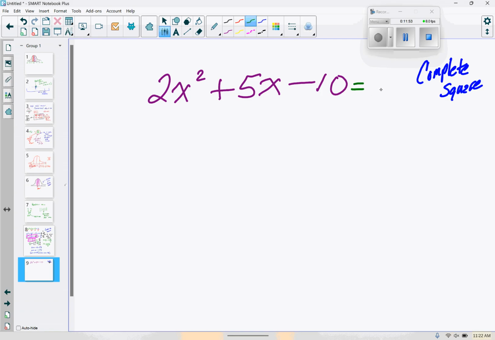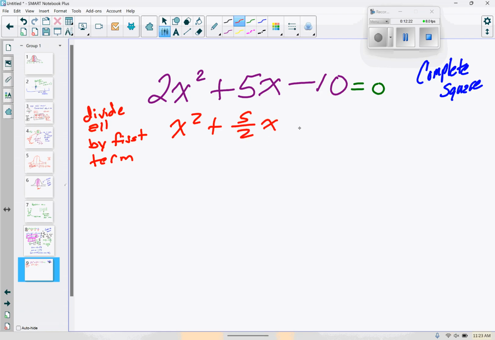Stop me as soon as it stops making sense. Equal 0. Good so far? Agree? 2 divided by 2 is 1. 5 divided by 2 is 5 over 2.